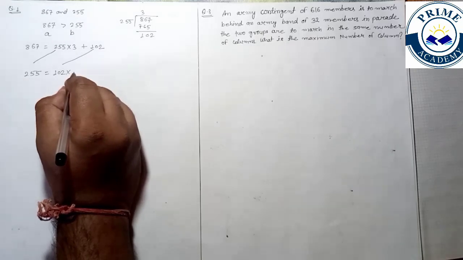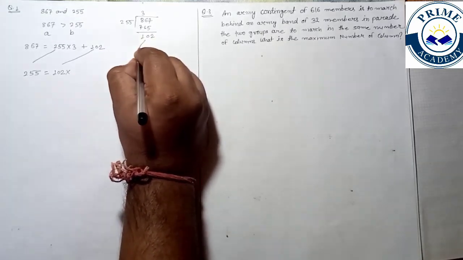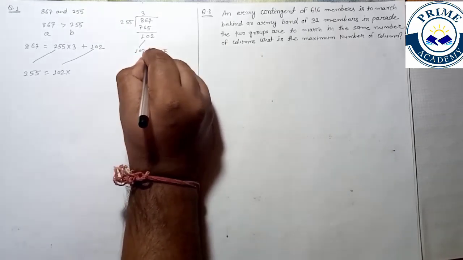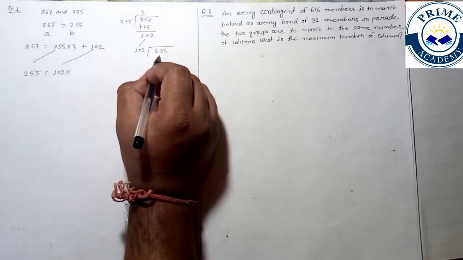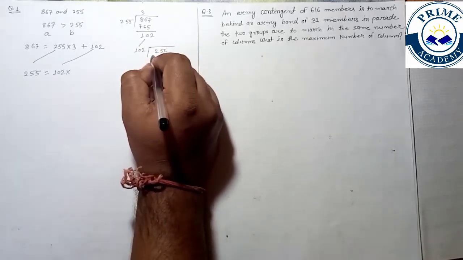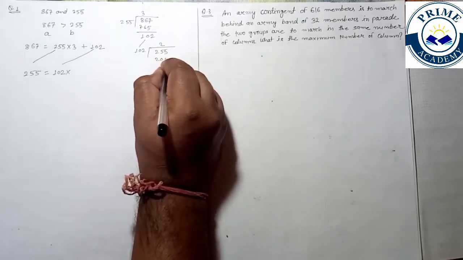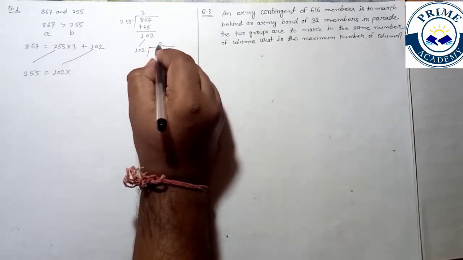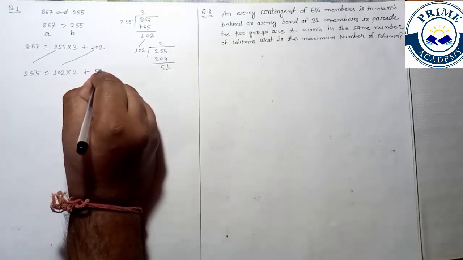This should be the quotient. So 102 divides 255: this becomes the divisor, this becomes the dividend. You should take 2, not more than that, which is 204, and you get 51 as the remainder. So the quotient is 2 and the remainder is 51.